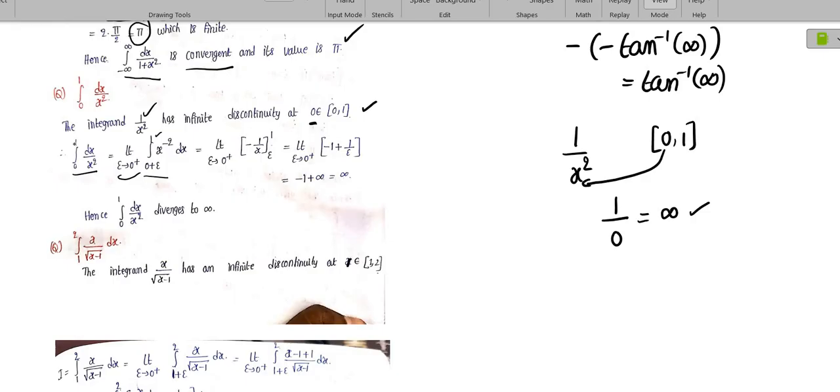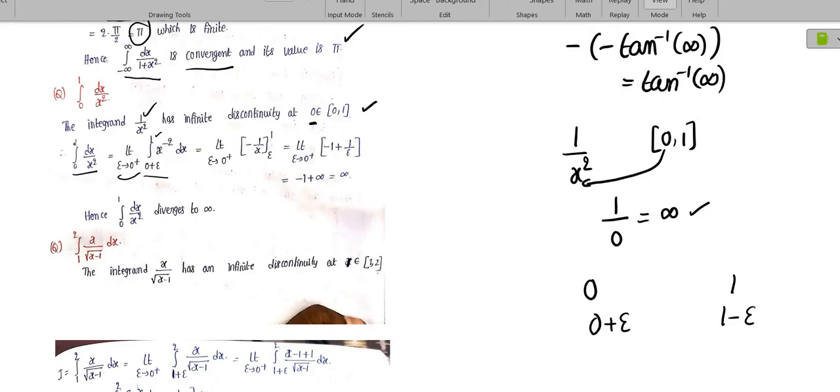If we have an infinite discontinuity at the upper limit, then I write epsilon tends to 0 plus, 1 minus epsilon. If the discontinuity is at 0, then I write 0 plus epsilon. If the discontinuity is at 1, then I will write 1 minus epsilon.